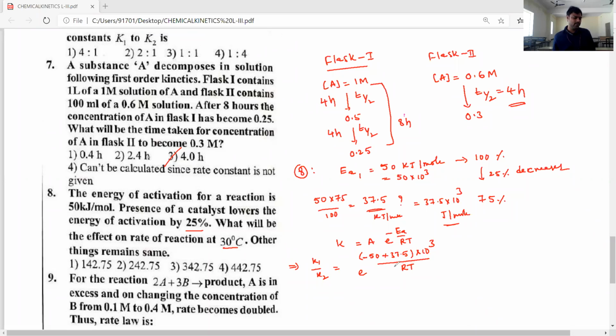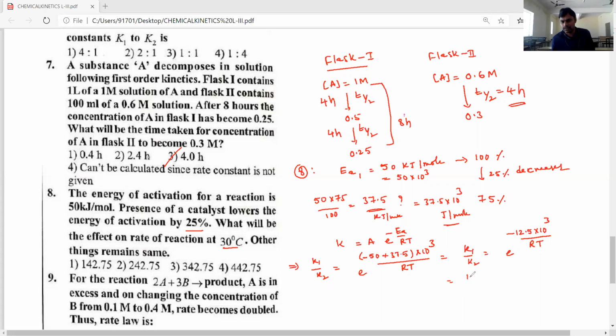That is the K1 by K2 value. 50 minus 37.5 gives K1 by K2 equal to e to the power of minus 12.5 into 10 to the power of 3 by RT. Now you have to apply ln.